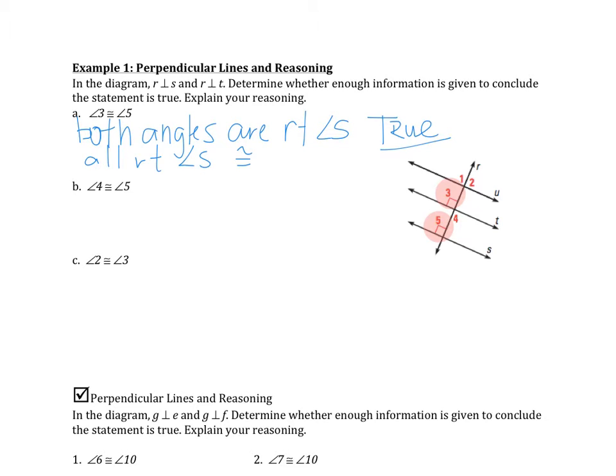So this statement would be true. Next, 4 congruent to 5. Let's look at where 4 is. 4 is here, and there's 5. Are they congruent? Well, I don't know. Do I know if 4 is a right angle? Since I know that R is perpendicular to T, four right angles are formed.